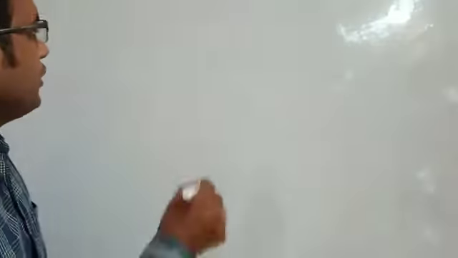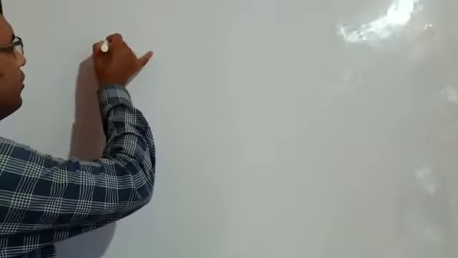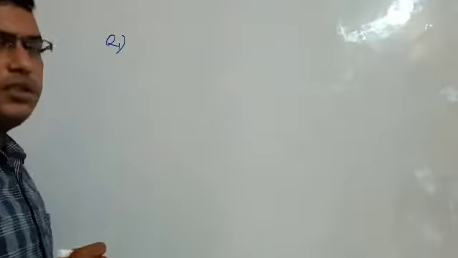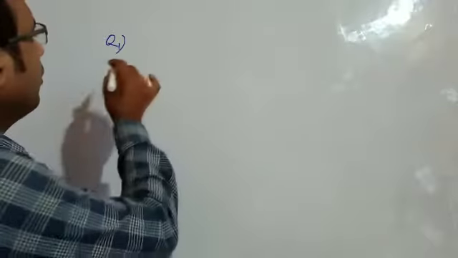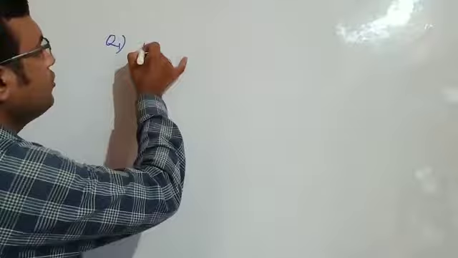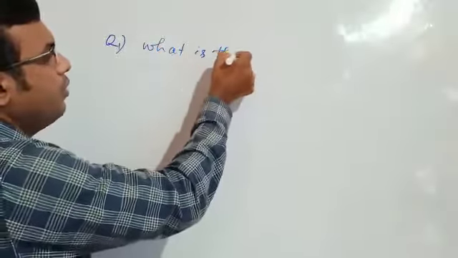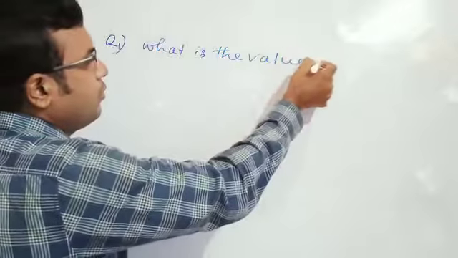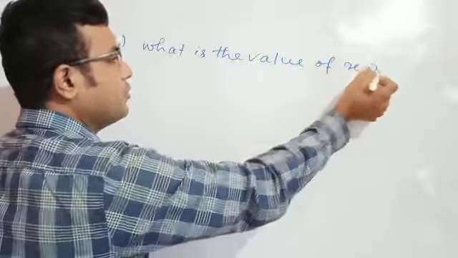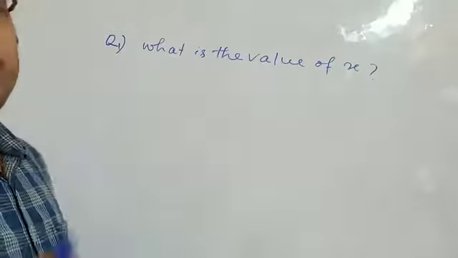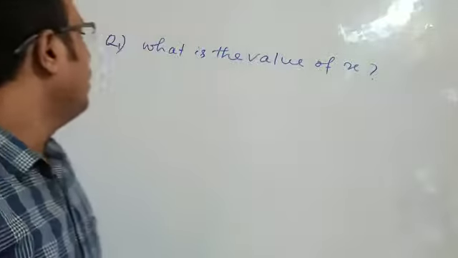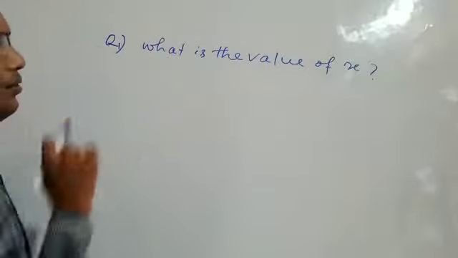What is the pattern of the questioning? Suppose question number 1 is a data sufficiency type of question. Suppose it is given: what is the value of x? I am taking a very simple example, right? What is the value of x?